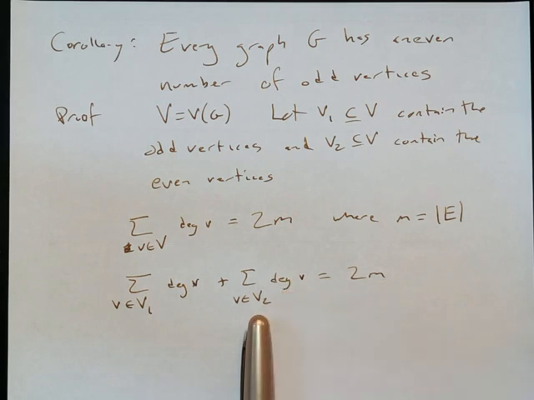What do I know about this number that I've indicated here? All of those vertices are even, which means that that sum is a sum of even numbers. That sum must be even.